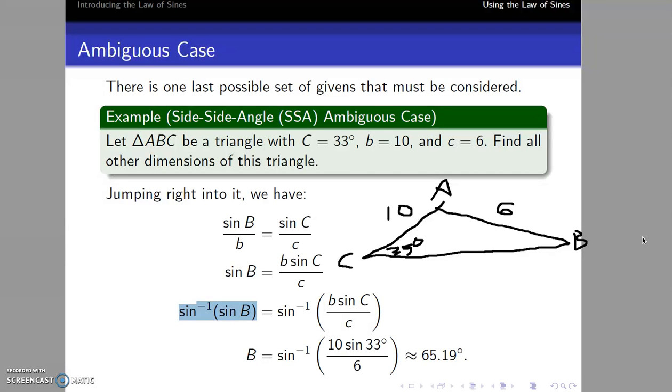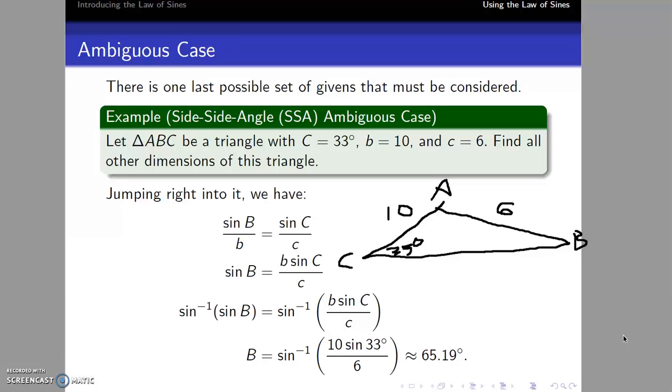And the answer to that is no. Arc sine will cancel sine if the angle in question is between negative 90 degrees and positive 90 degrees, which incidentally covers all of the interior acute angles of right triangles, which we've been doing so far, but this is not necessarily a right triangle. So yes, 65.19 degrees is a solution, is a possible value of B, but it's not the only one.